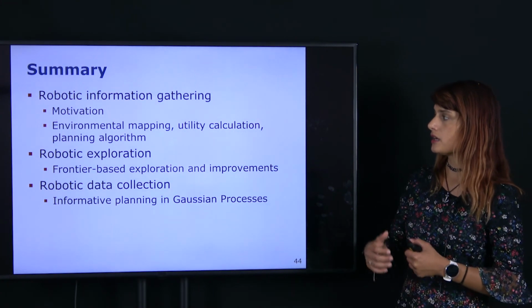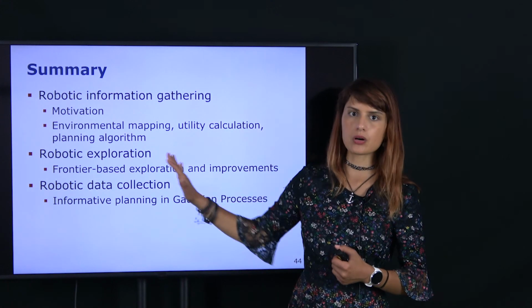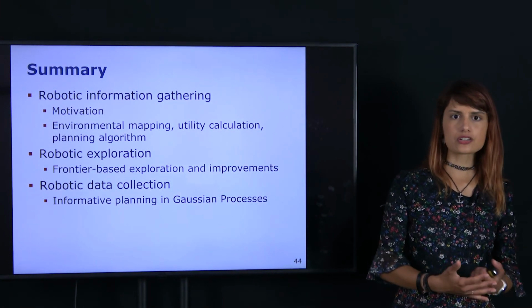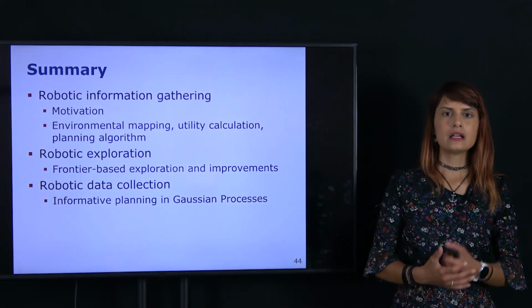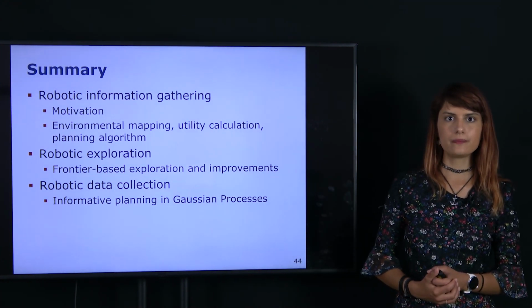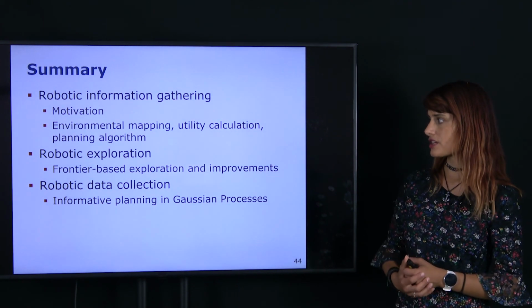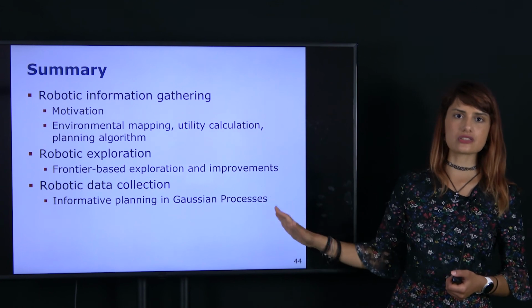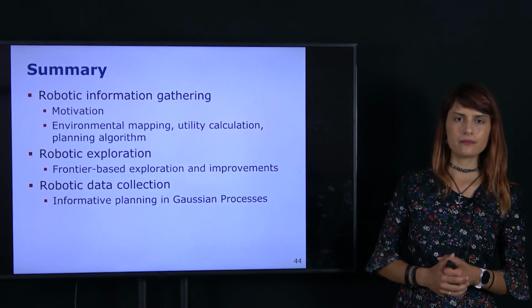Next, we looked at the particular application of robotic exploration. This is when a robot is navigating in a partially known or unknown environment, gathering measurements in order to build an occupancy map as quickly as possible. We looked at exploration strategies based on the map frontiers, as well as some potential improvements in different ways.